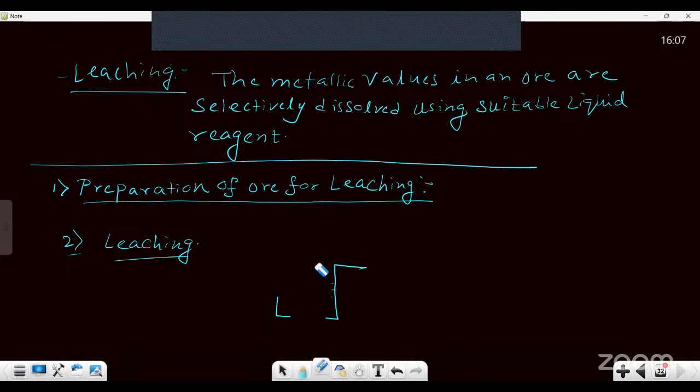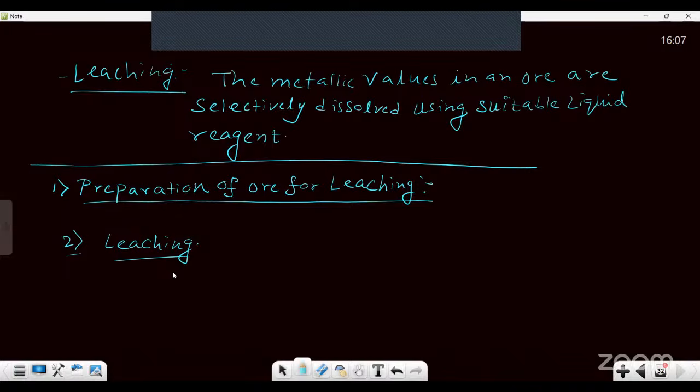Now, the selective dissolution of the metal, as far as leaching is concerned, depends upon certain things.